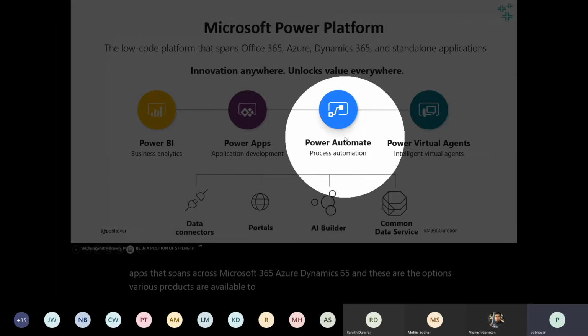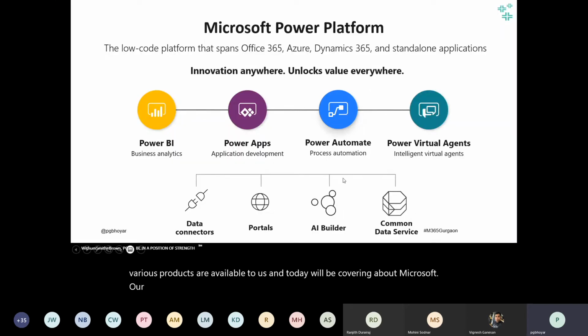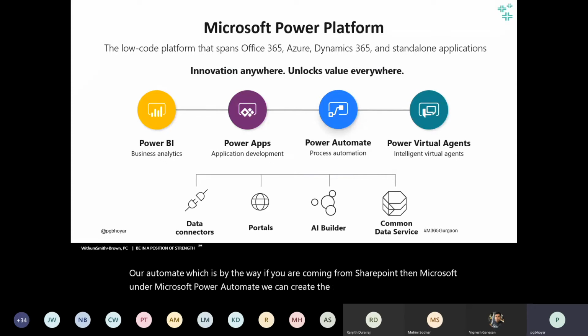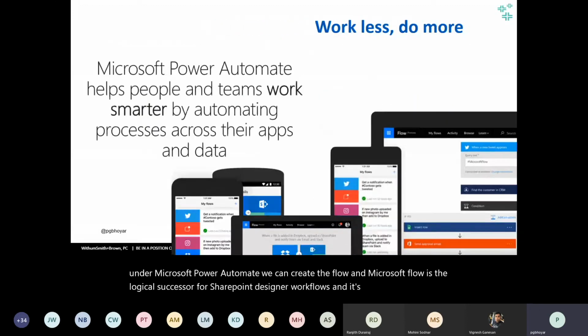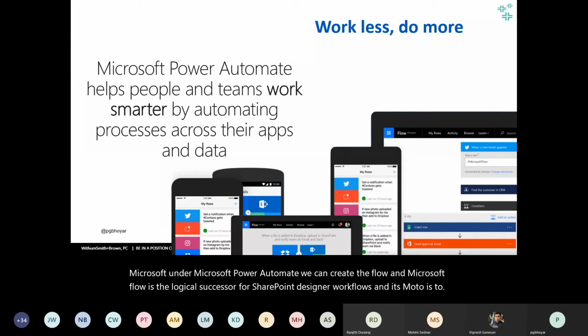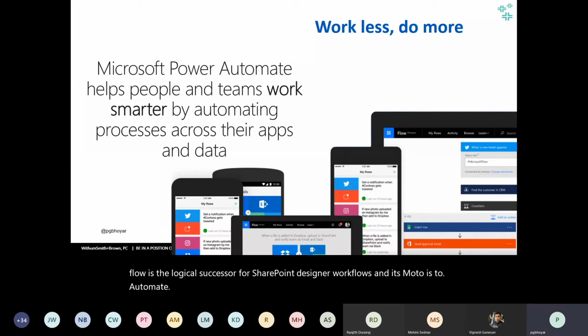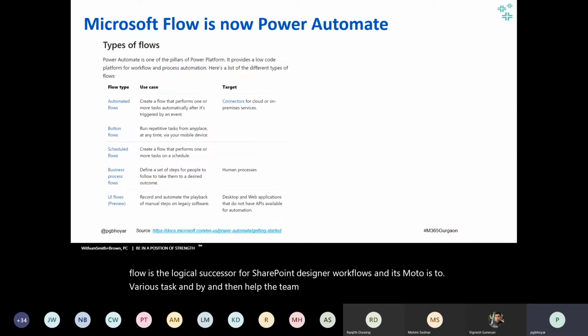And today we'll be covering Microsoft Power Automate, which is, by the way, if you are coming from SharePoint, where we can create flows, and Microsoft Flow is the logical successor for SharePoint Designer workflows. Its motto is to automate various tasks and help the team work smarter.